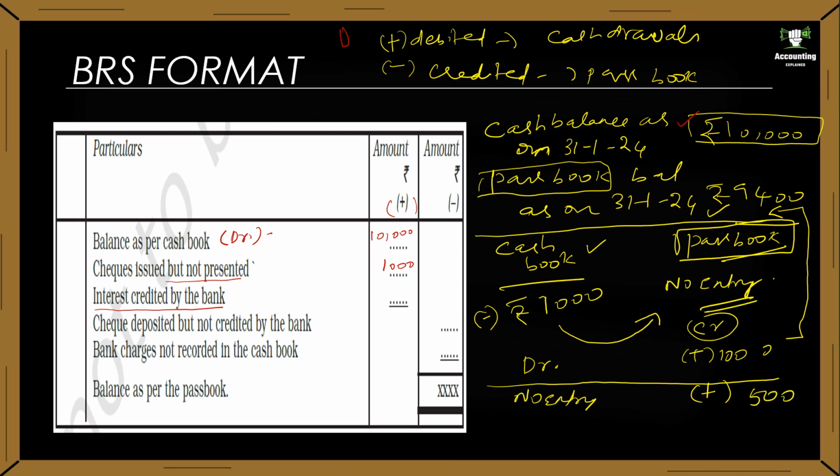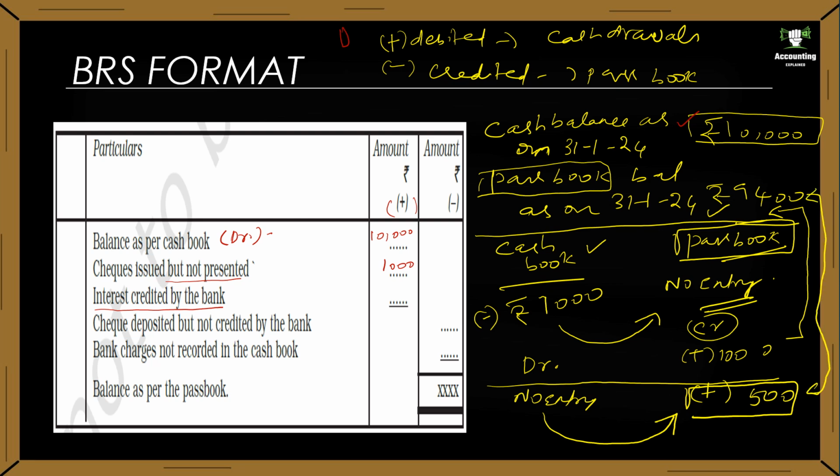Now we are starting from the cash book, and we are going to find out the passbook balance. If we want to get the passbook balance, we have to add back this 500, then only we will get the passbook balance of 9,400.